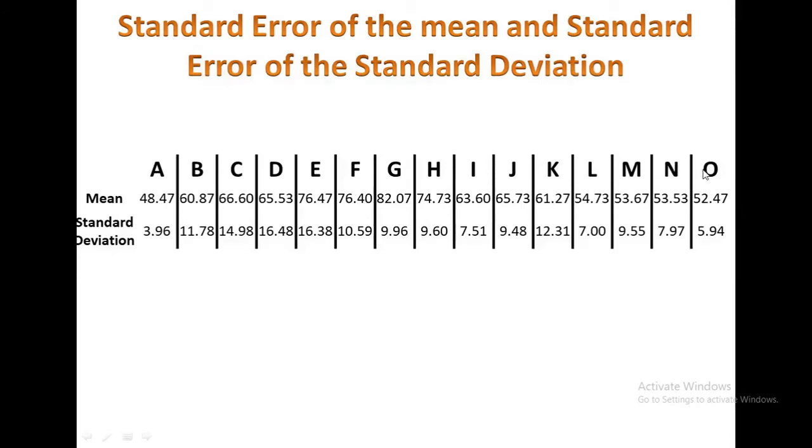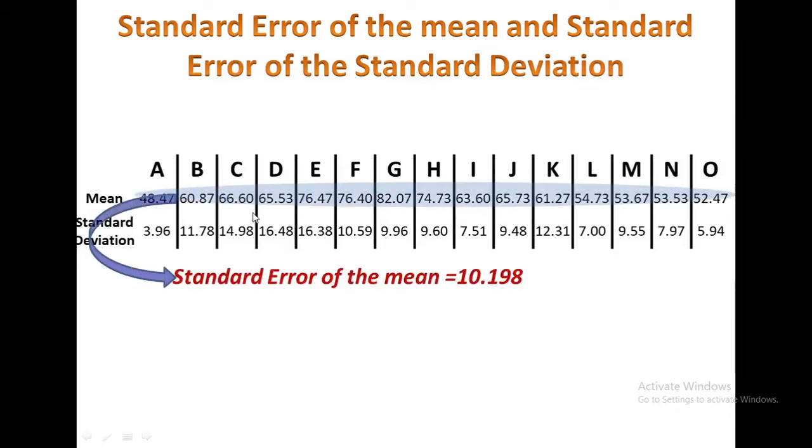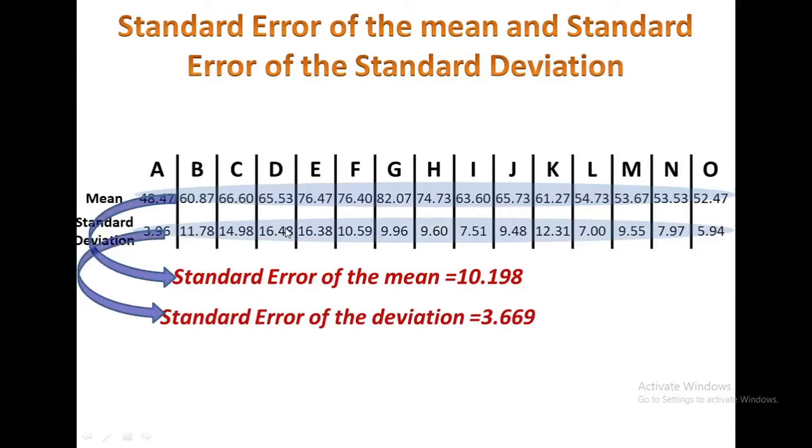We have already calculated the mean and standard deviation for individual samples as well as the standard error of the mean for the population. Based on this data, the standard deviation of the standard deviations, or standard error of the deviation, can also be calculated, and it is 3.67 in this example.